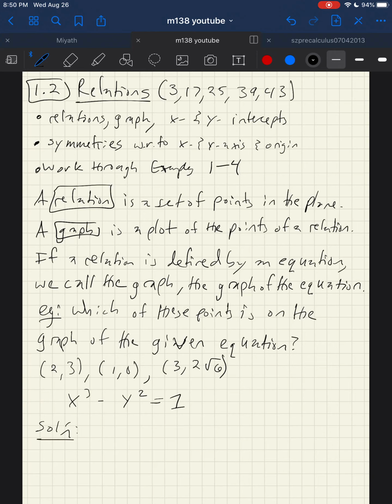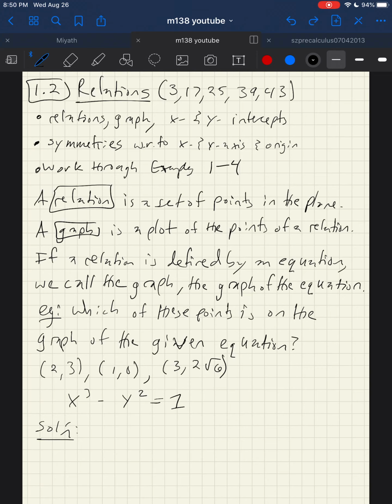So solution. While this definition says we're looking at whether a point is on a plot of a graph that is a relation, if we weren't careful, we might think that I would have to sketch a graph of that equation before I could see whether these points are on it or not.